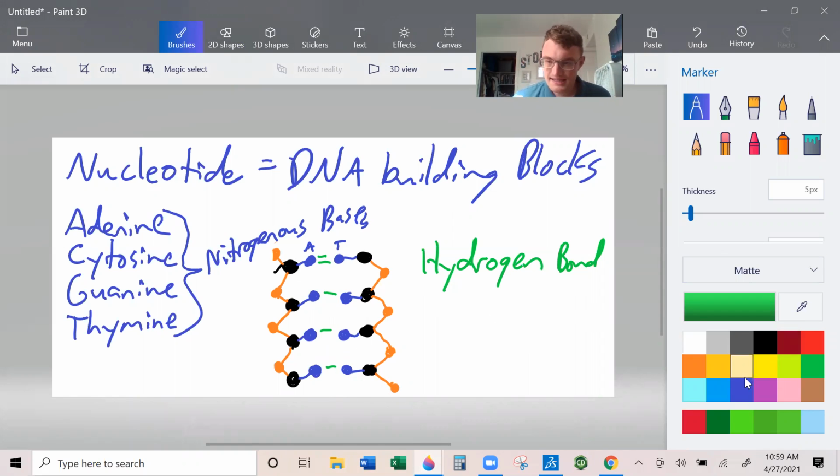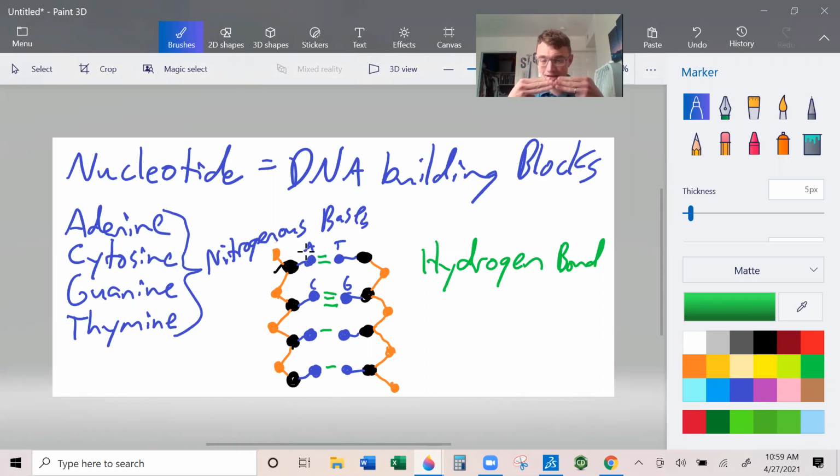And if you've got a C and a G, C and G make three hydrogen bonds between them, okay? So think of it as two magnets holding A and T together, three magnets holding C and G together. So A and T have two hydrogen bonds, C and G make three hydrogen bonds, okay?